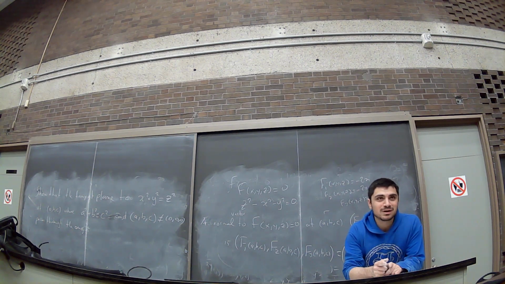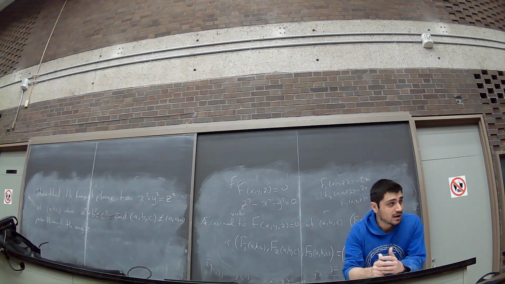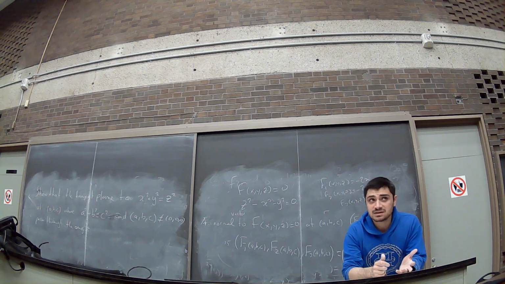You can do that, but it might take some time, so let's try to avoid this. Yeah, so I find an equation of the tangent plane in terms of x, y, and z, and then I plug in (0, 0, 0) to check if the origin satisfies it. What's another way of doing it?